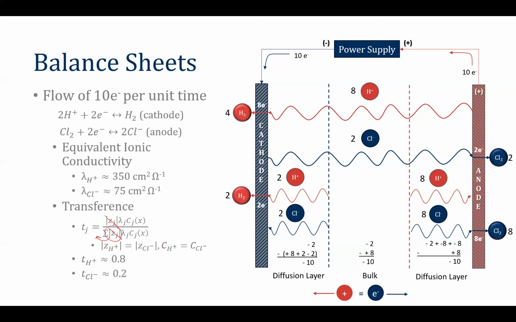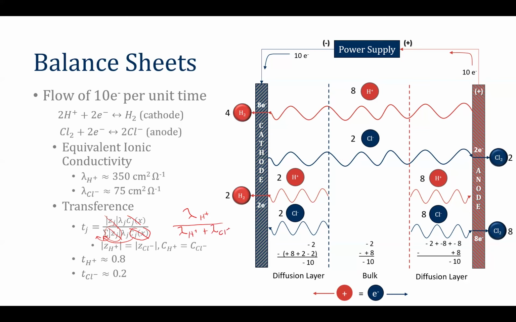The concentration of the hydrogen and chlorine is the same since we're using HCl to put these ions in solution, so we can pull this out as well and cancel it. So we're essentially taking lambda H plus over lambda H plus plus lambda chlorine minus.